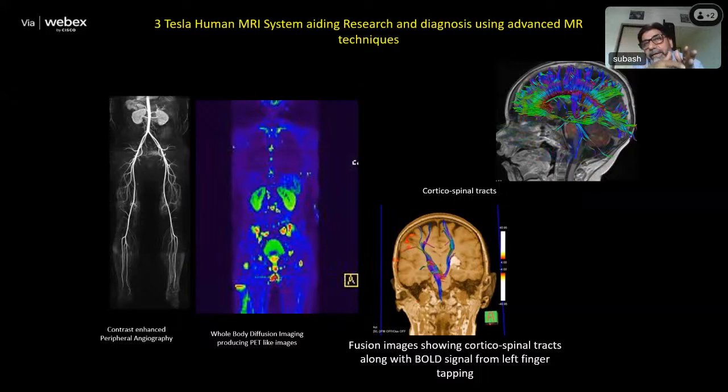in the different phases of the cardiac cycle. Similarly, here you can ECG gate and synchronize your measurement with the ECG gating, so that you can acquire images at different phases of the cardiac cycle.